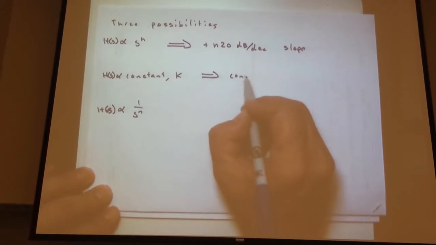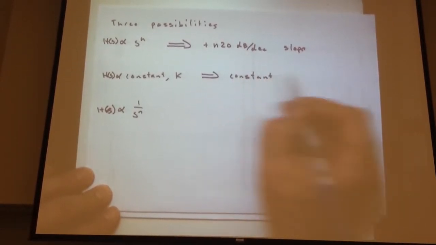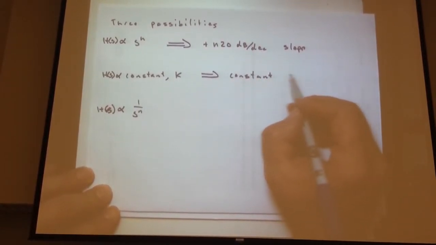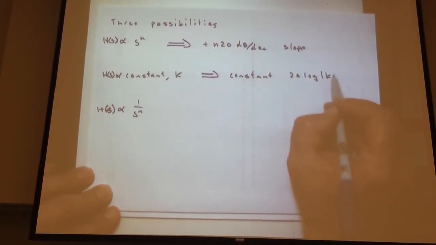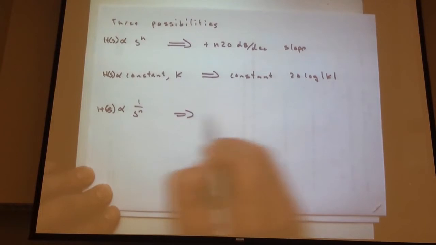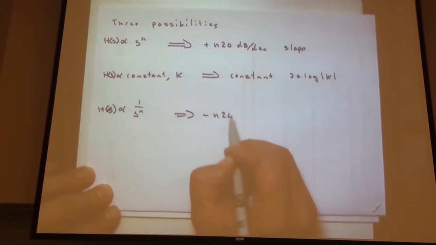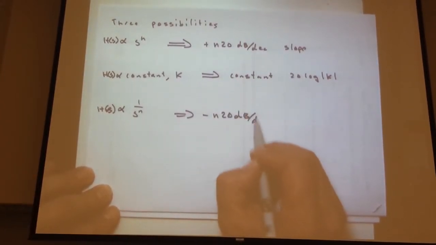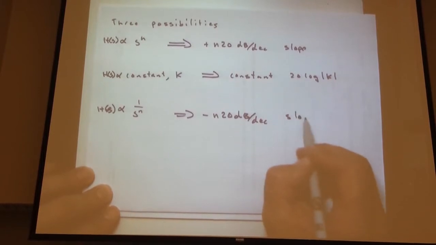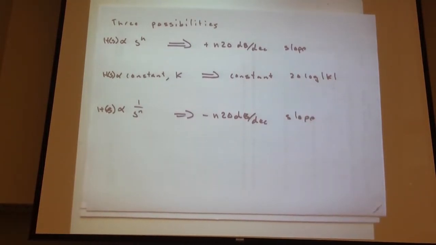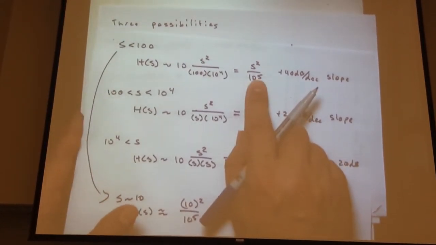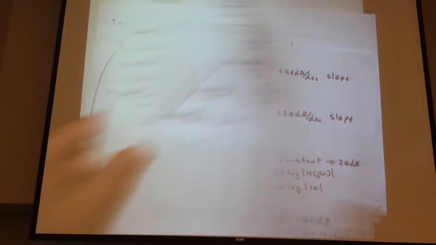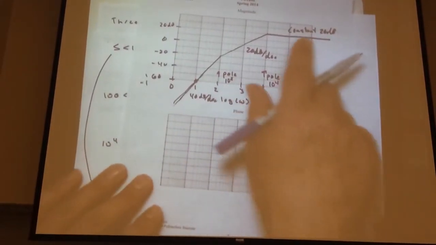So this means we have a constant, just to reiterate, it doesn't hurt, constant slope or horizontal flat line of 20 log k. And this means minus N times 20 dB per decade slope. And so we could get a reference point out of our approximations, and we know the slope in that region, and so we could use that as a starting point.